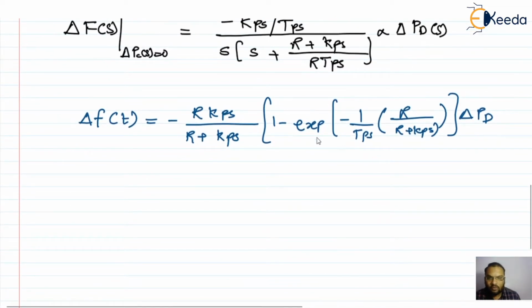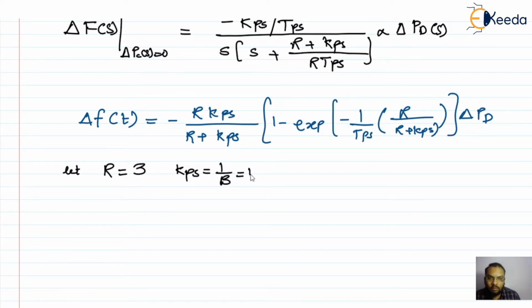So now taking a typical system rating, let R is equal to 3, that Kps is nothing but 1 upon P, keep this as 100. Tps we have already considered to be 20 seconds. Assume that change in power demand to be 0.01 per unit value.